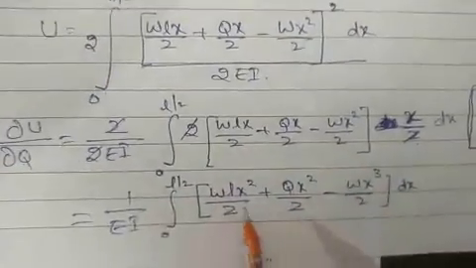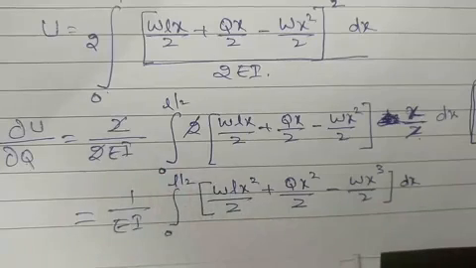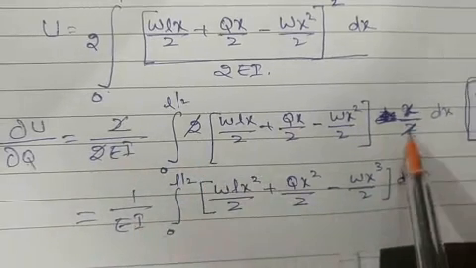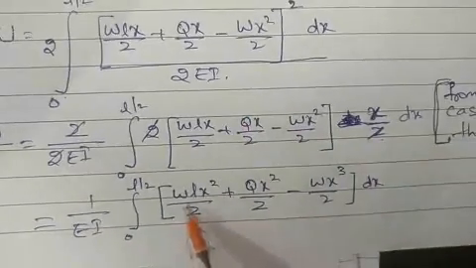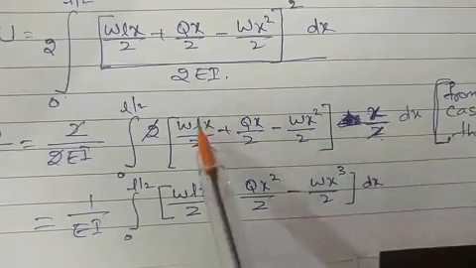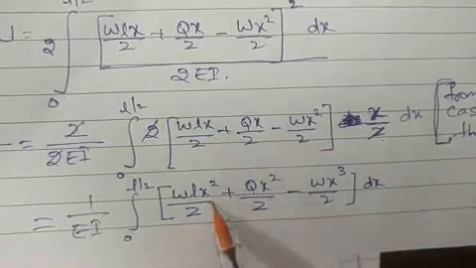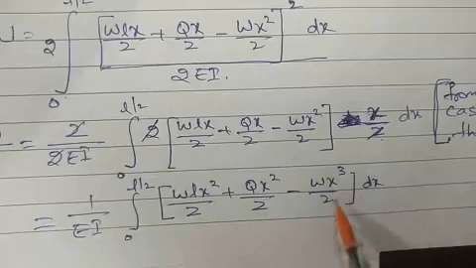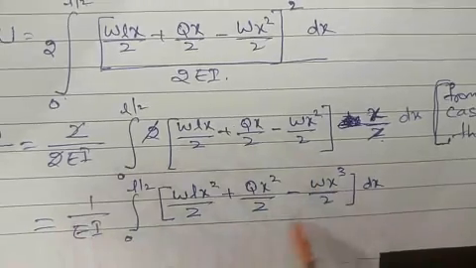Then after simplifying, 1 by EI will remain, and this 2 and this 2 will get cancelled. So this is WL, and this x we multiply again with this one. X will become x square, Q x square by 2, W x square into x is x cube by 2. So this is what we are getting.